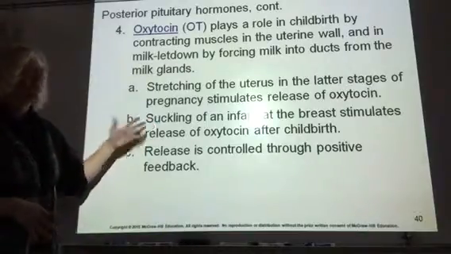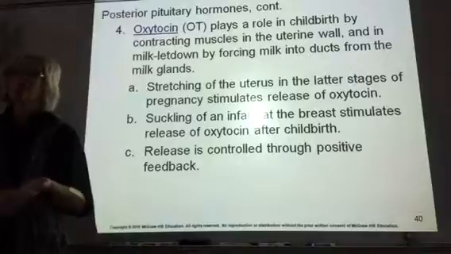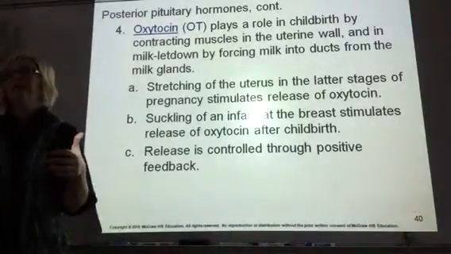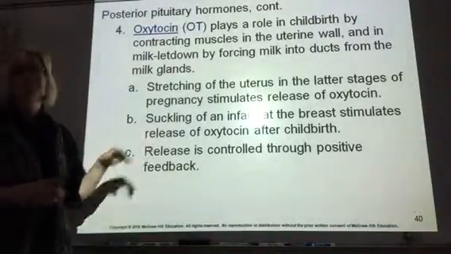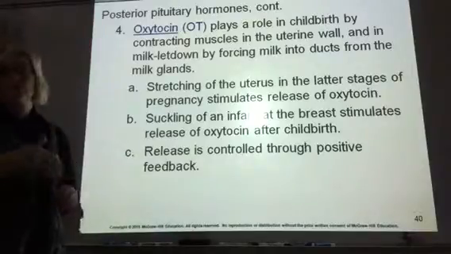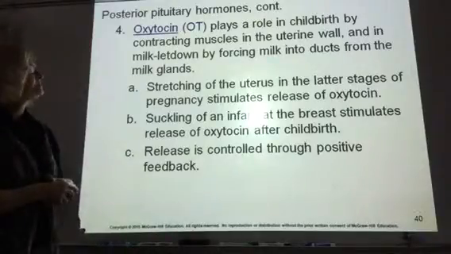And then a lot of times women will have problems with leakage of the breast and things like that, because that hormone is still being produced for a period of time.